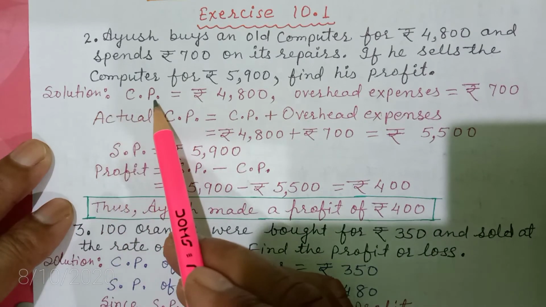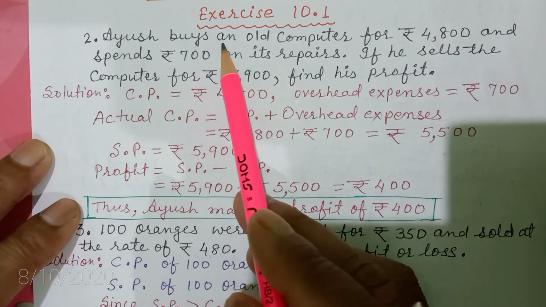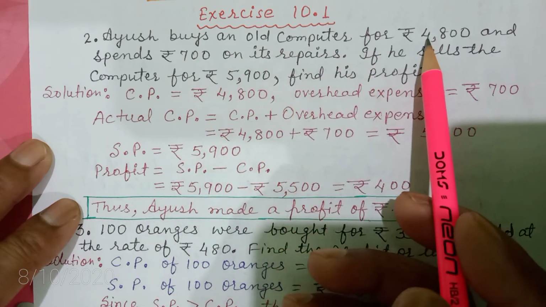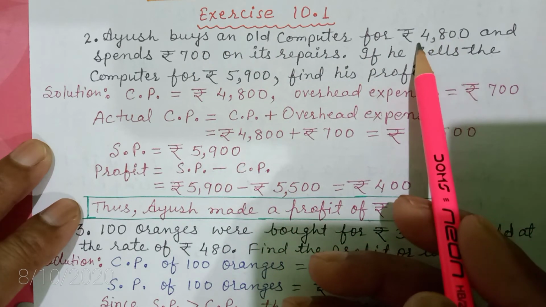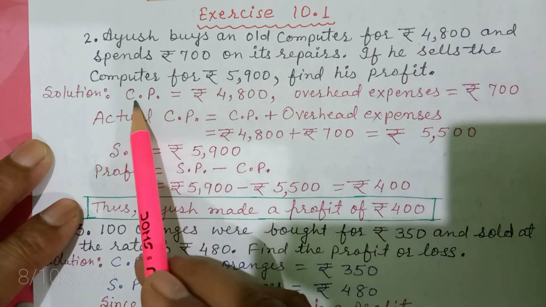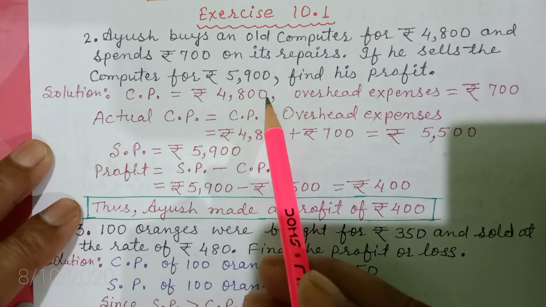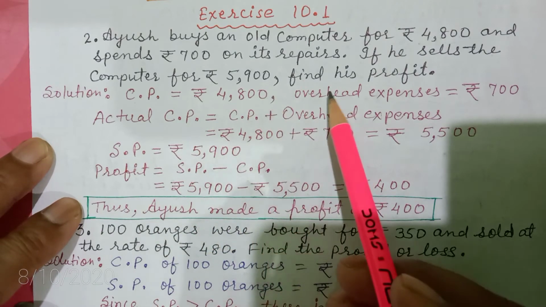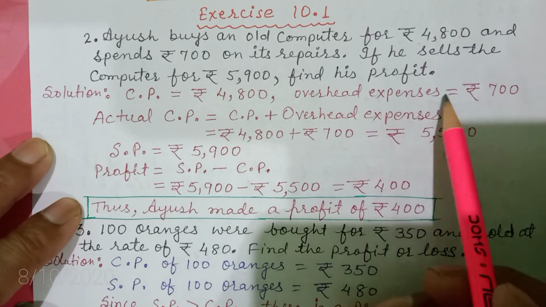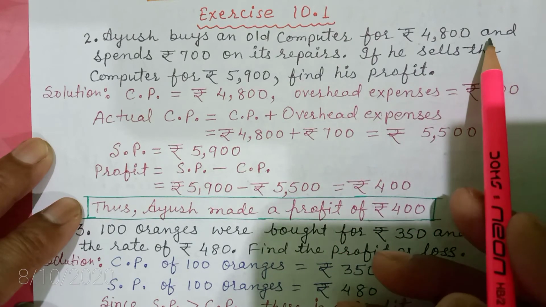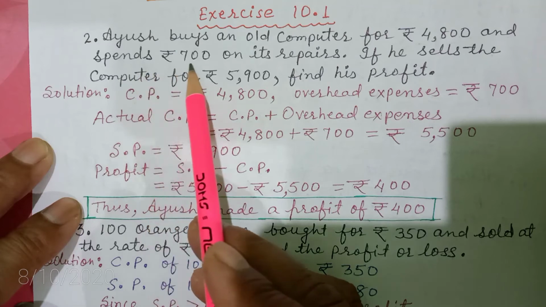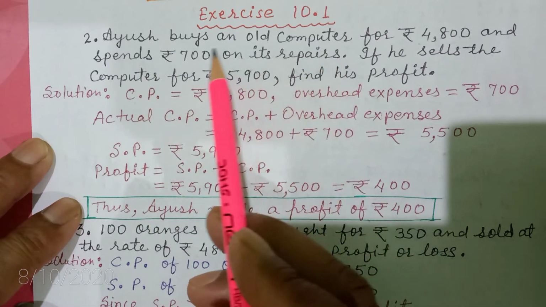Solution. See children, Ayush buys an old computer for ₹4,800. This is the CP. So we will write CP equal to ₹4,800 and overhead expenses equal to ₹700, because he spends ₹700 on its repair.